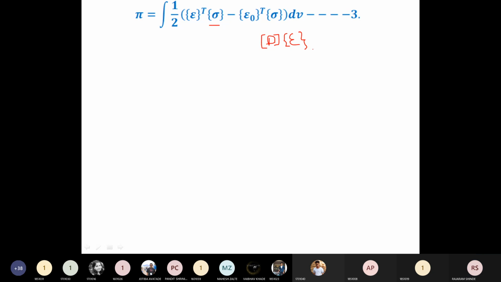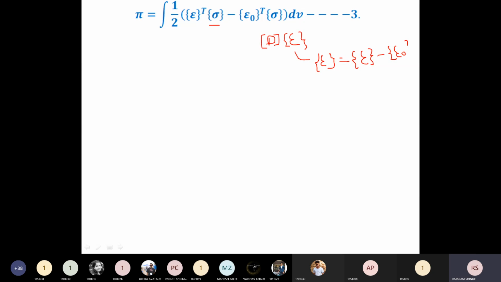Okay. Now again this epsilon is equal to epsilon minus epsilon 0.